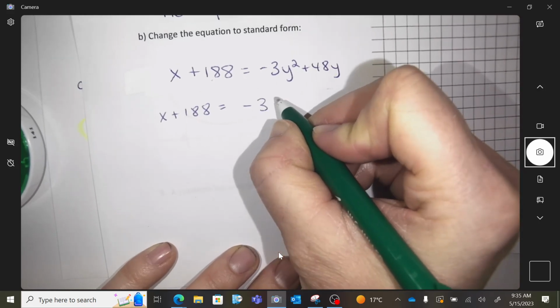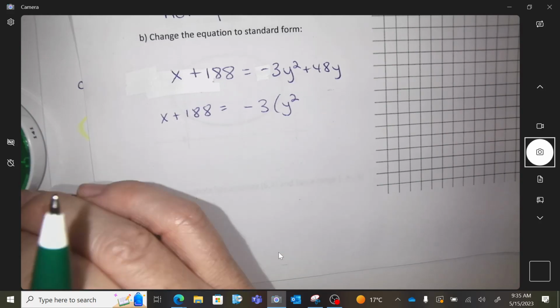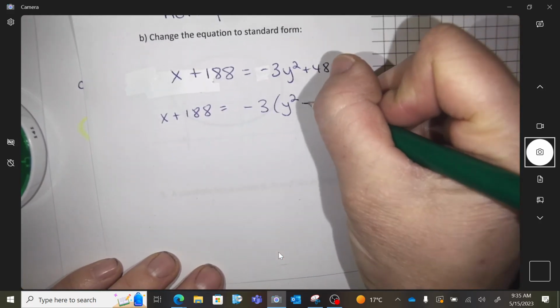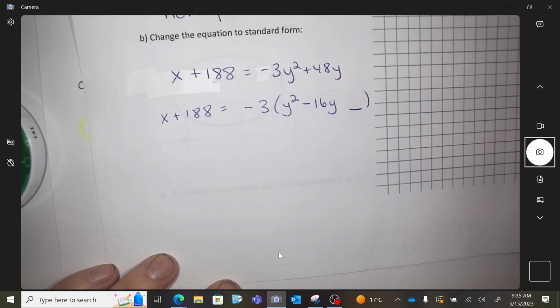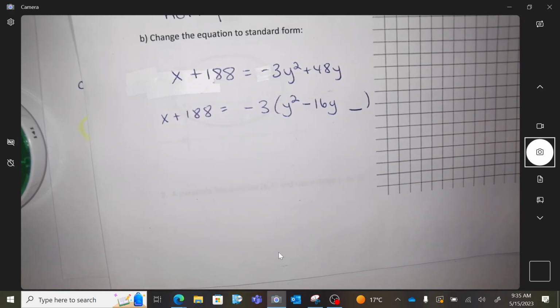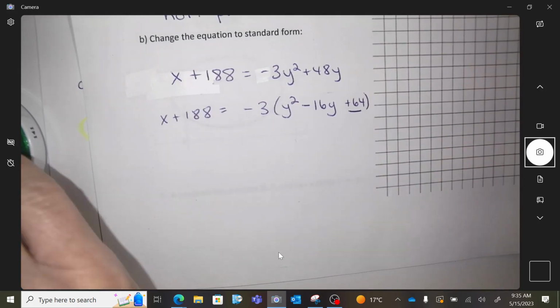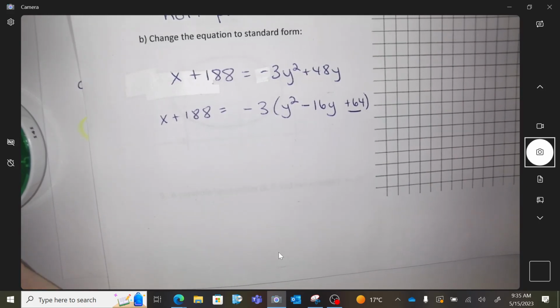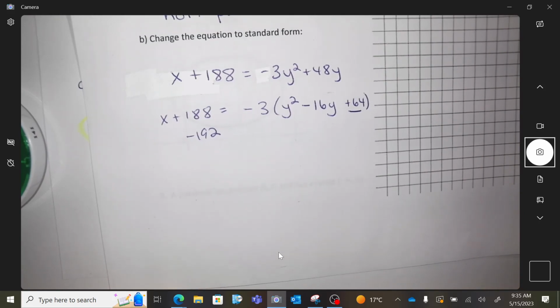Okay, so complete the square with the y portion. What's 48 divided by 3? Is that 16? Blank. 64. Okay, subtract a 192 to even it back out.